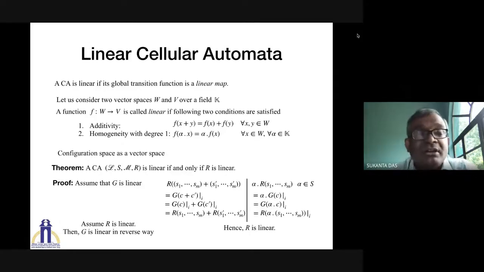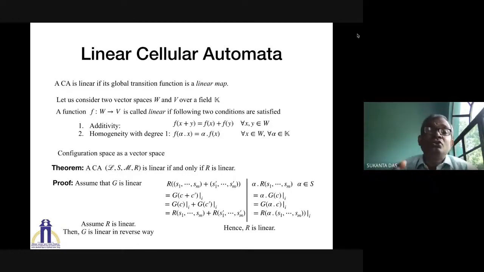So you do it. It was a task. You test if R is linear, whether you can get that G is also linear. So in this way, if G is linear, then R is linear. If R is linear, then G is linear. So hence the proof. It is the proof of the theorem.